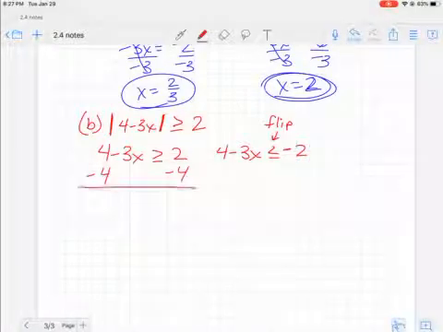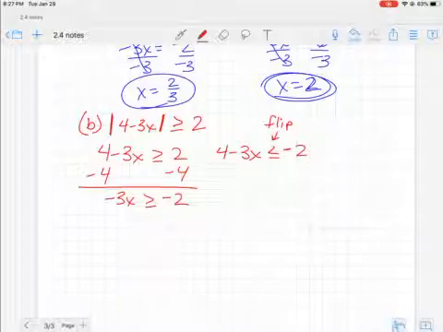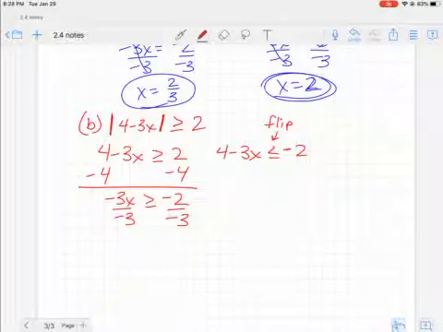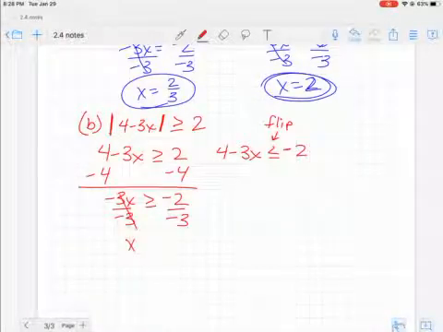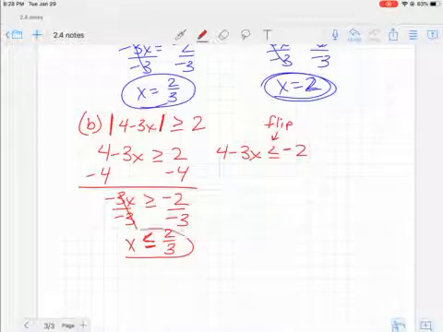So I'm going to subtract 4 from both sides. I have negative 3x is greater than or equal to negative 2. Now check out what happens. I'm dividing both sides by a negative 3. What happens with an inequality when you divide by a negative? Flipperooski, baby. So x is now less than or equal to, because you have to flip that sign, this positive 2/3.